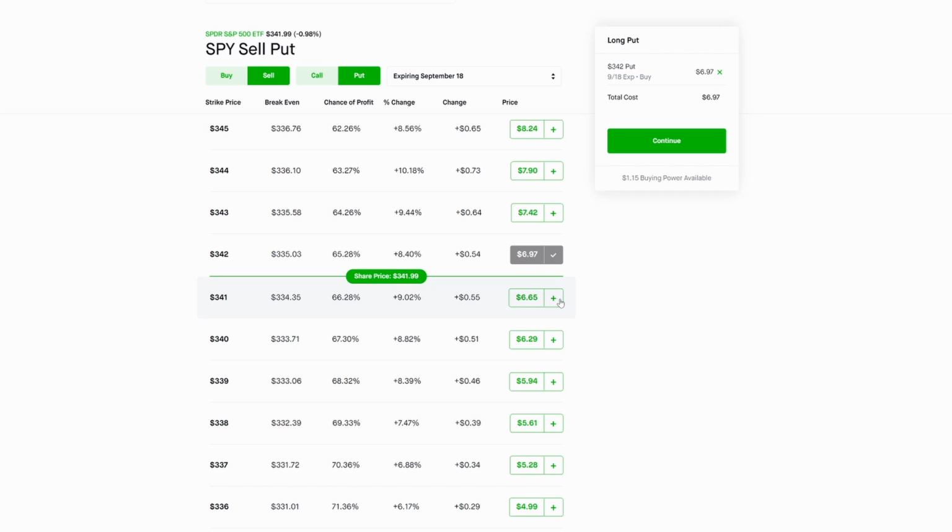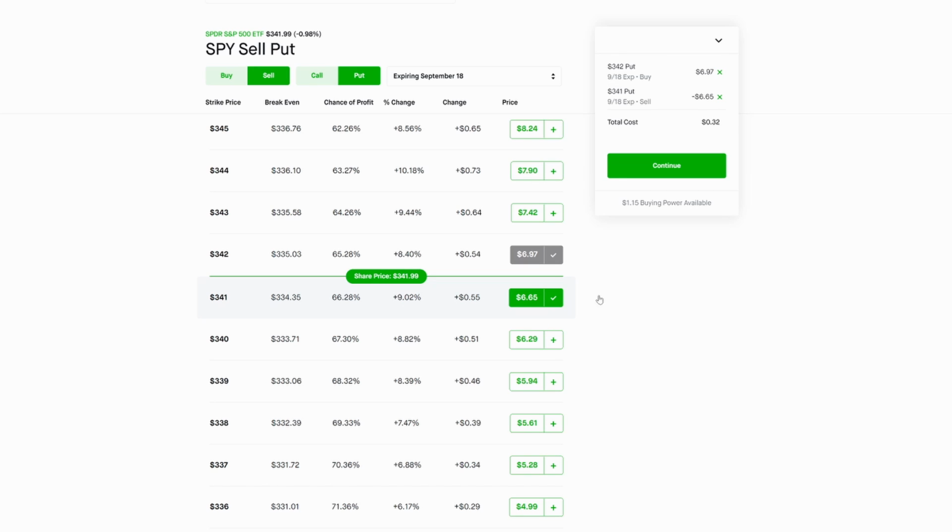So you would sell this. When you buy this and sell this, you would create something called a debit put spread, and you can continue and buy the trade for $32.